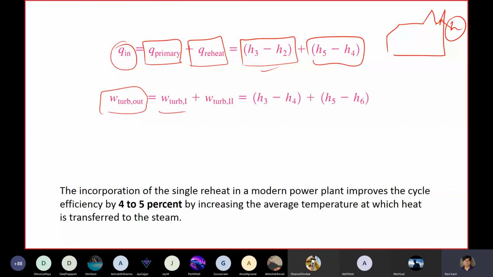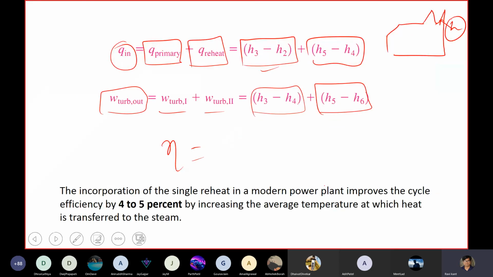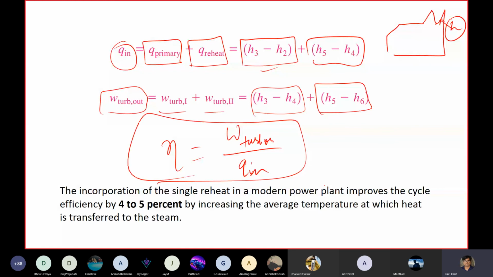Work turbine out will be turbine 1 plus turbine 2, so H3 minus H4 and H5 minus H6. The whole efficiency can now be written as W turbine out divided by Q in. You will see the efficiency, and we see that it increases by 4 to 5%.